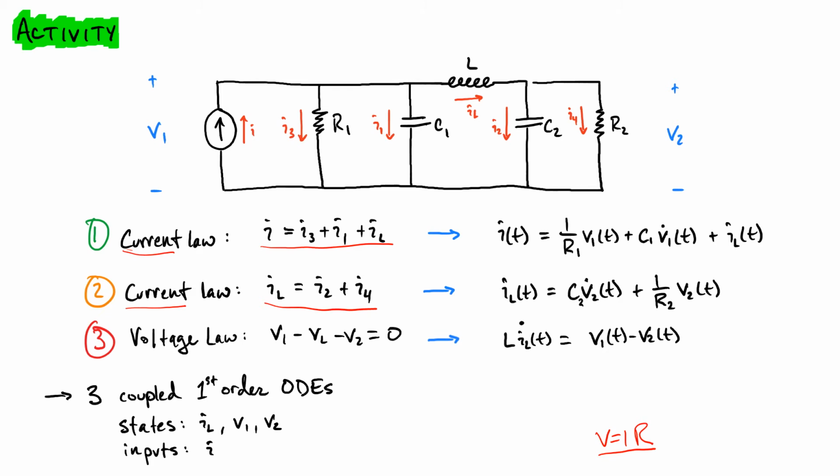And so each of the resistors will not contribute a differential equation, but you can think of each of the capacitors and the inductor as being a dynamical element, which is essentially introducing a derivative in order to model what's going on. For that reason, we expect to have three differential equations that describe this circuit.